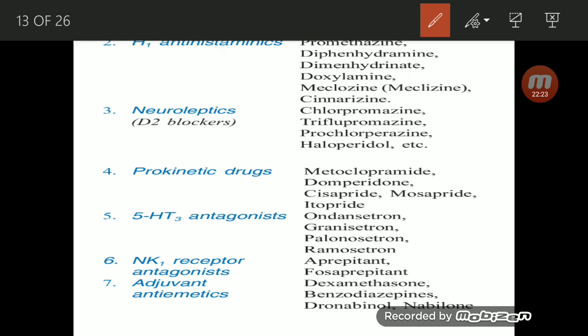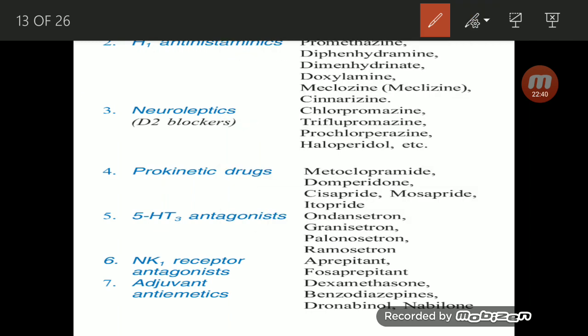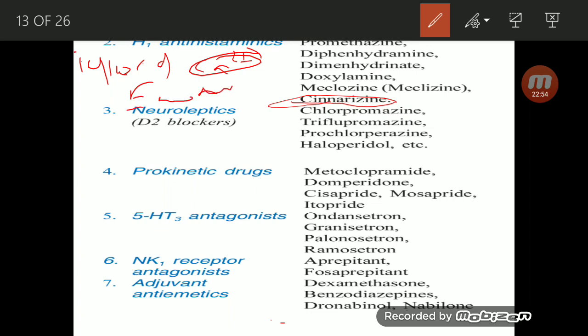And then you have another drug which is cinnarizine. This drug inhibits the influx of calcium from the endolymph in your ear into the vestibular sensory cell.